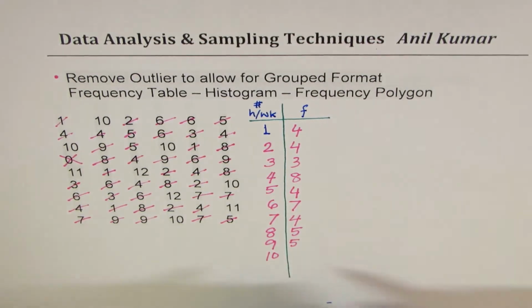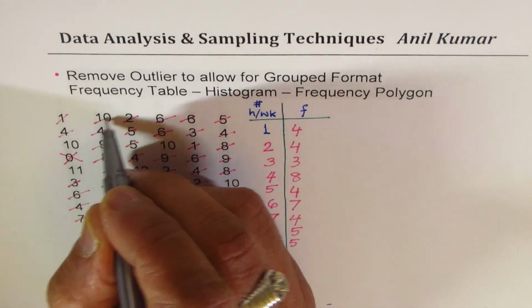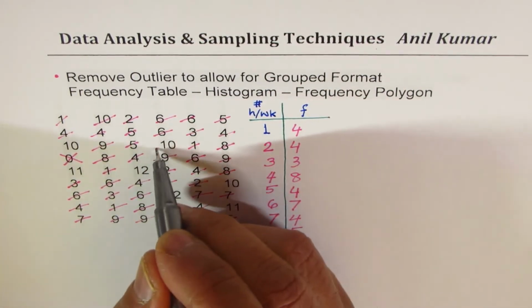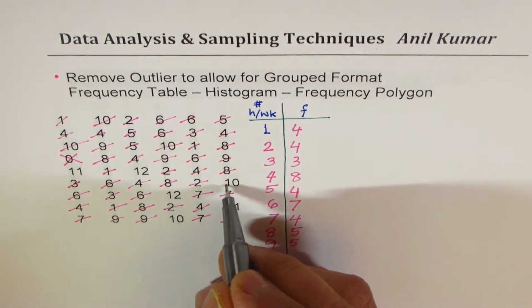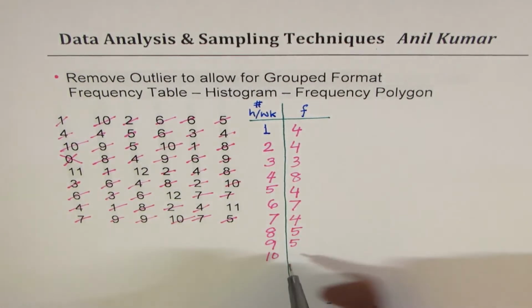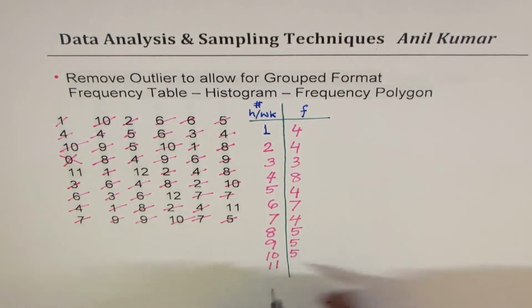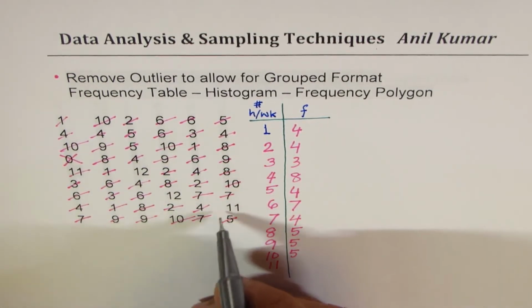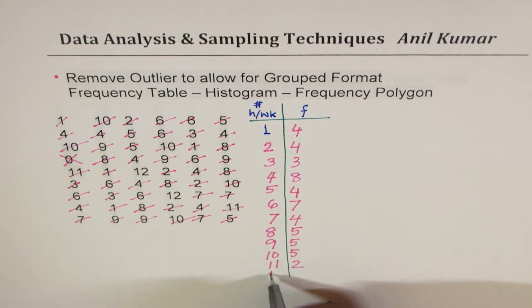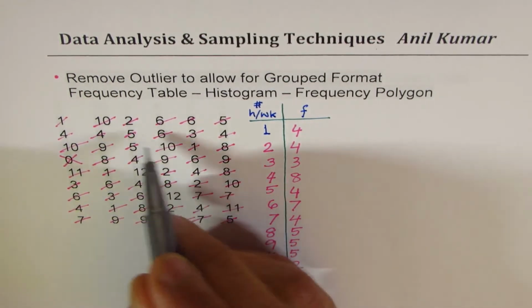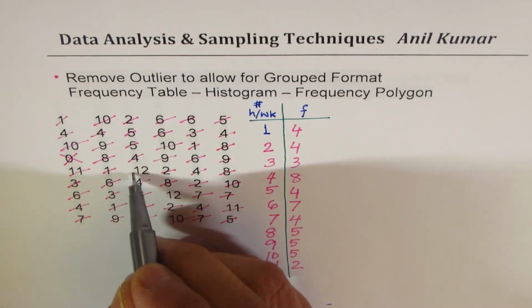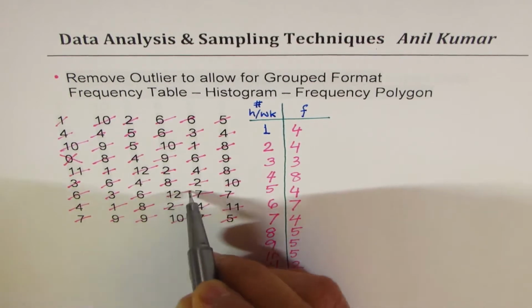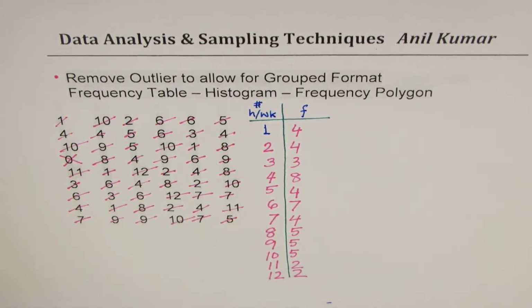Number of 10s, 1, 2, 3, 4, 5. Number of 11s, 1, 2. And number of 12s, we have 1, 2. So that's the data.